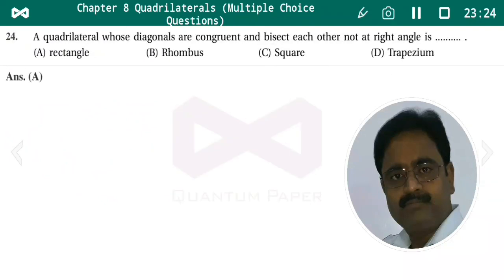Friends, let's see the question number 24. In this what is given? First read the question carefully. क्या दिया गया है क्वेश्चन में?